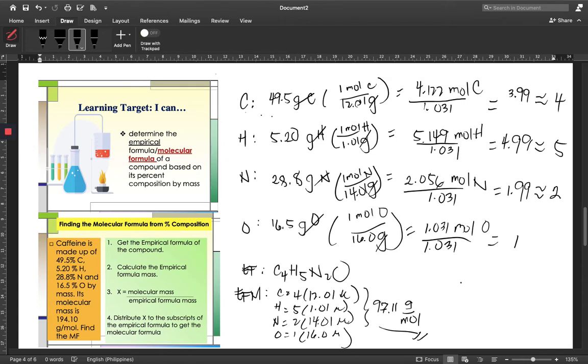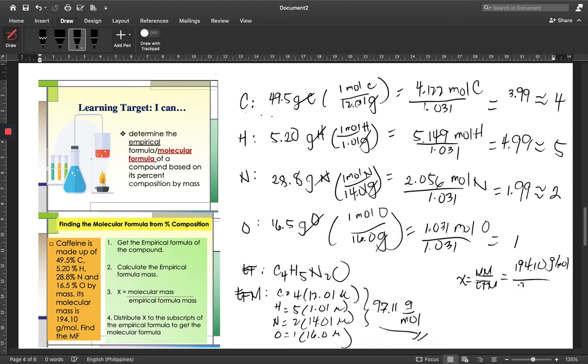Okay, after that one, we have to find our multiplier x, the whole number multiple, which is equal to the given molar mass divided by our empirical formula mass. So we will have our given molecular mass is 194.10 grams per mole, and we divide it with our EFM.